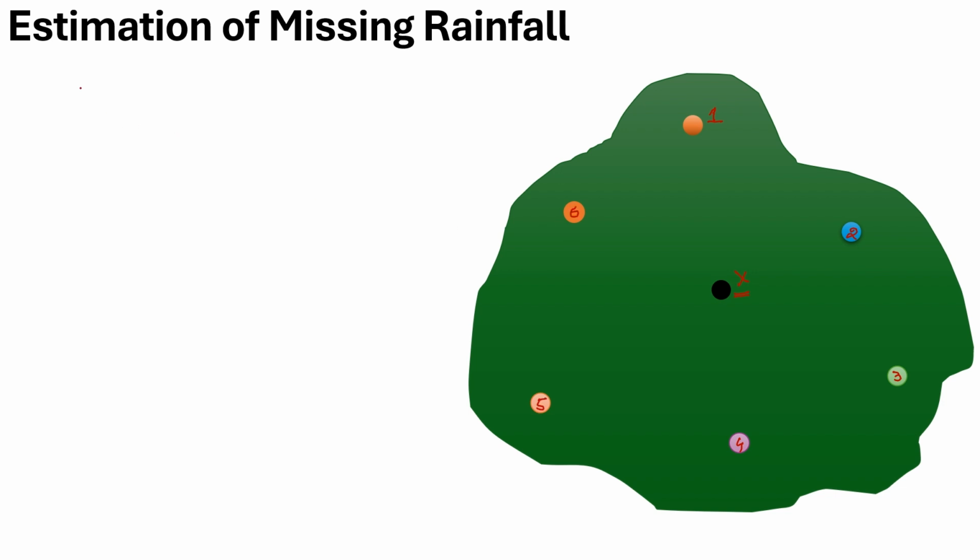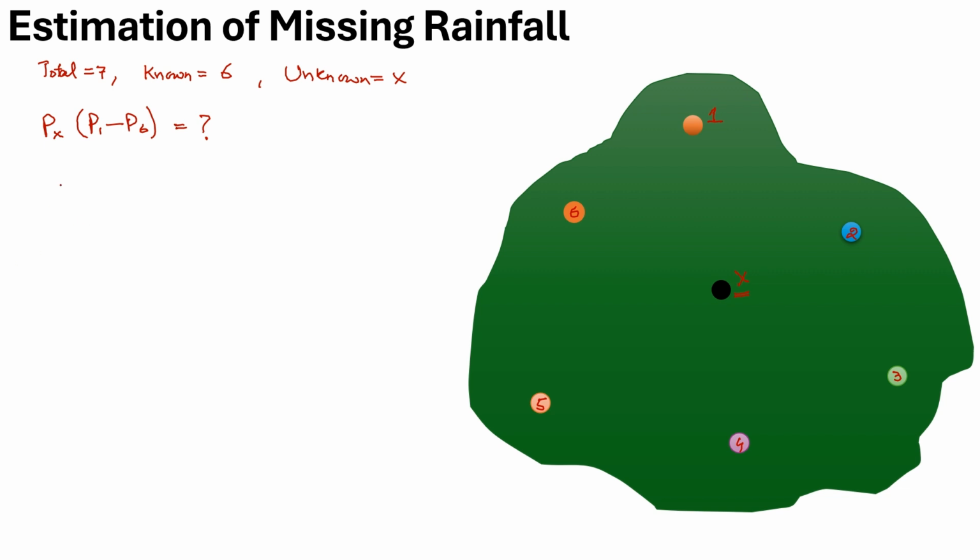It means that I have a total of 6 stations with known precipitation in the rain gauge network in this catchment area, and the unknown station, for which we don't know the amount of precipitation, is X. So basically, I am going to estimate the precipitation at station X when the precipitation of station 1 to station 6 is known.